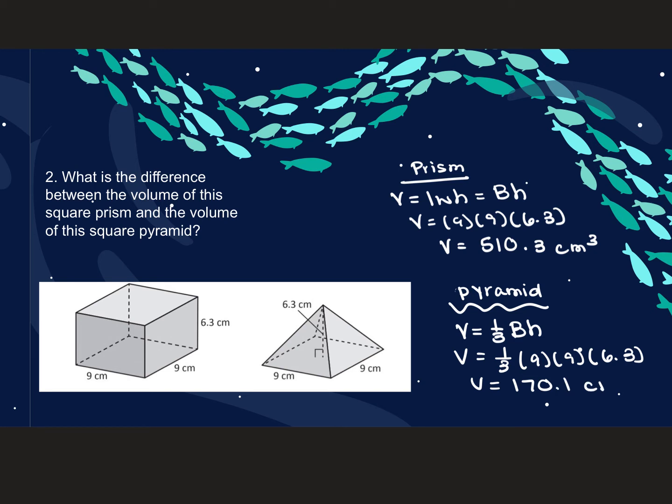Once we multiply here, we get the volume of 170.1 centimeters cubed. Now that we've found the volume of both, we're going to take the volume of our prism, which is 510.3, and the volume of our square pyramid, which is 170.1. We're going to subtract them, and we get 340.2 centimeters cubed, because again, we're talking about volume.